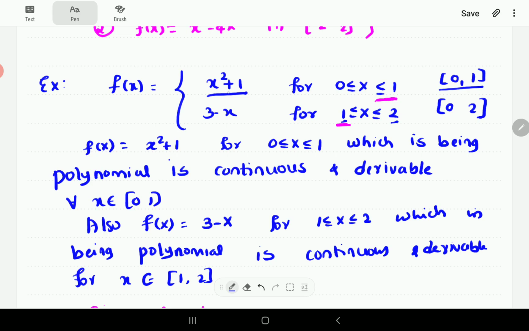Whether you take this function or the other one, 3 minus 1, it still gives you 2.